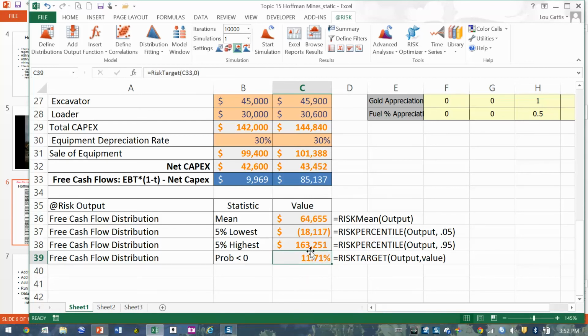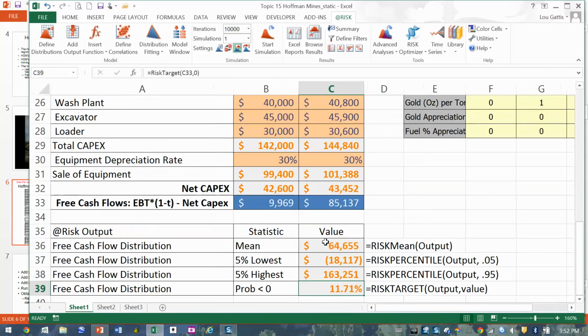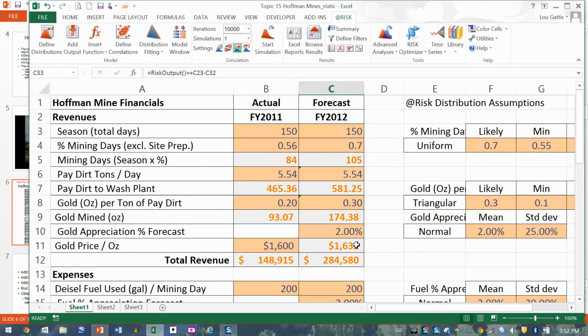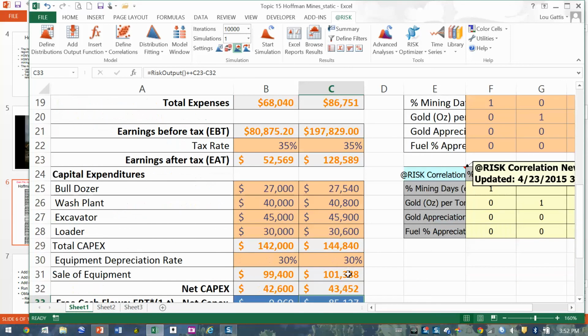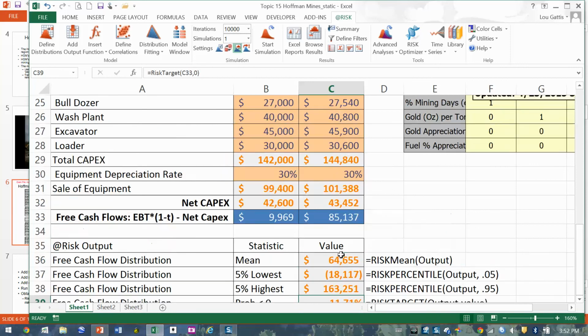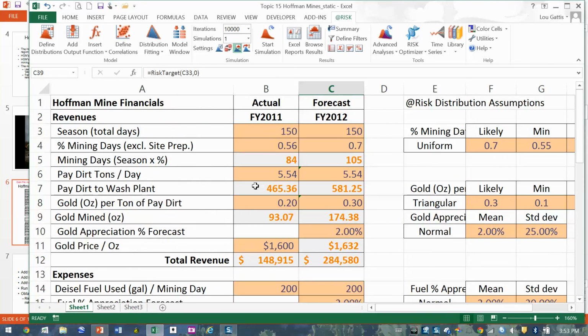That's my 12%. So this now describes not just the point estimate, in other words, my best estimate for cash flows, but it's given me the mean of the distribution, some measures of best case and worst case, and some probabilities of particular values. So this may allow me to make better decisions.